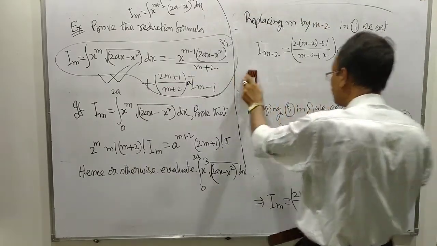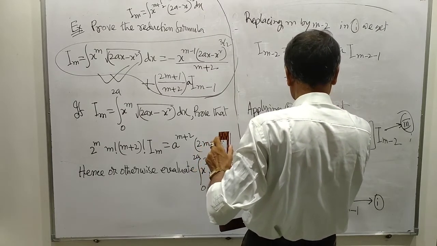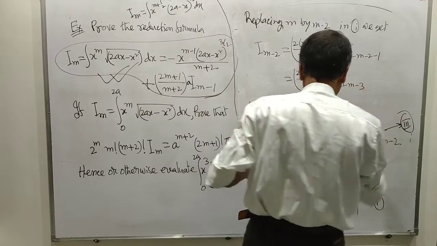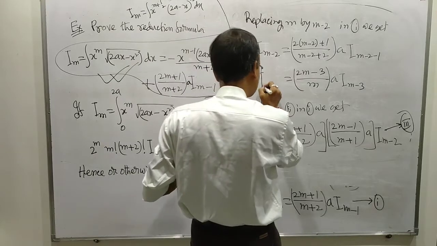This means this is equal to twice (m minus 3) divided by m a I_{m-3}. I_{m-2} is equal to this.